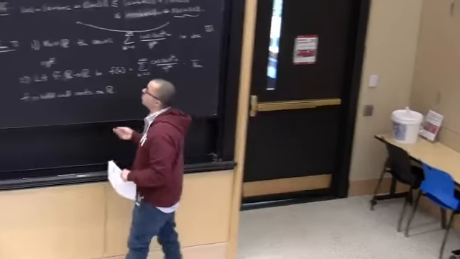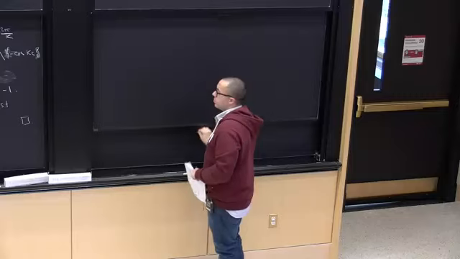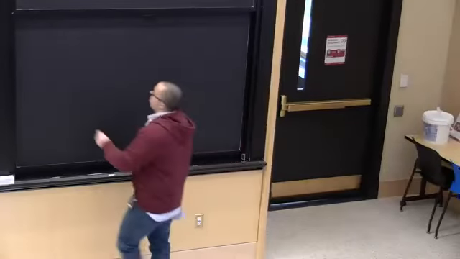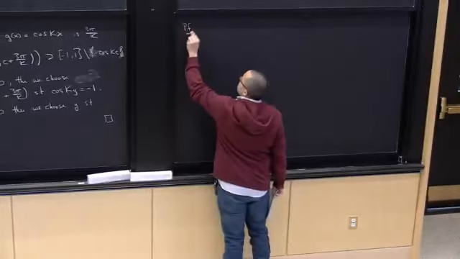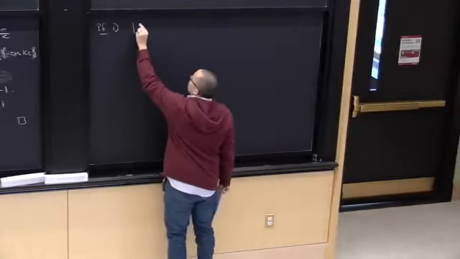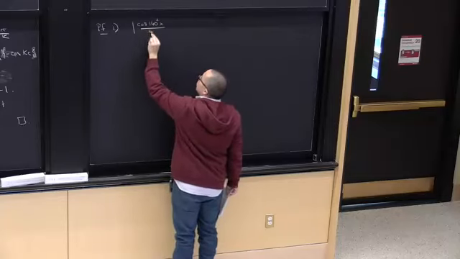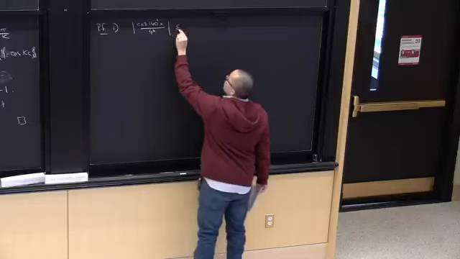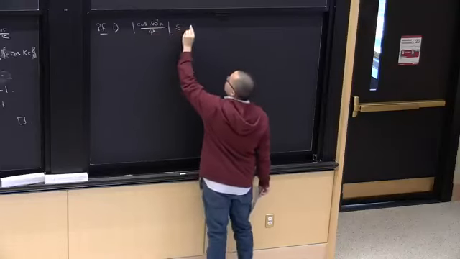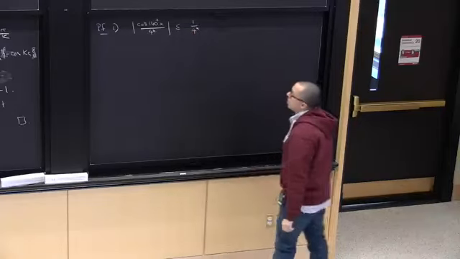Okay? So the proof of the first claim is very easy. We just use a comparison principle. Cosine of 160^k times x over 4 to the k is less than or equal to, because cosine of no matter what you plug in is bounded by 1, 1 over 4 to the k, right?